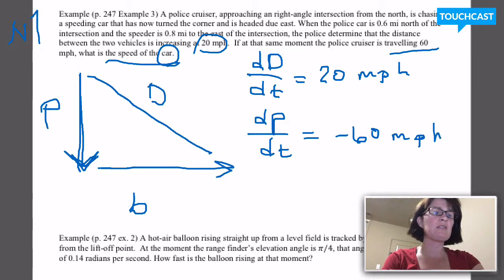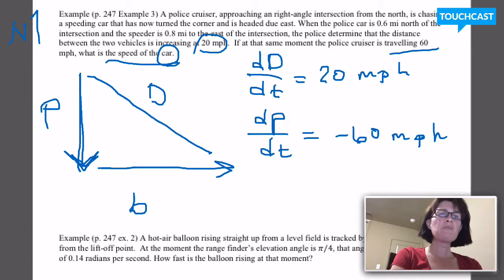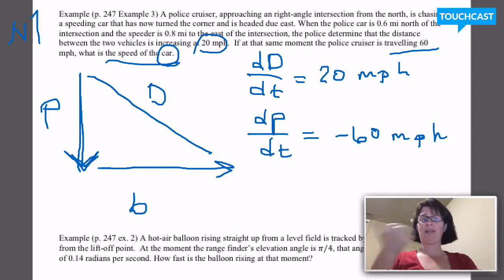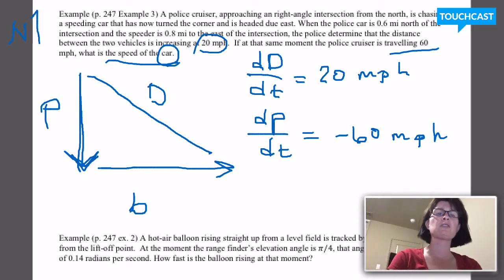If you use a positive 60 there, you won't get the right answer. And the bad guy is moving away from the intersection, so B must be increasing. dB/dt is positive. That makes sense, because if dB/dt was negative, that means the guy's turned around and is going back toward the police officer at the intersection.